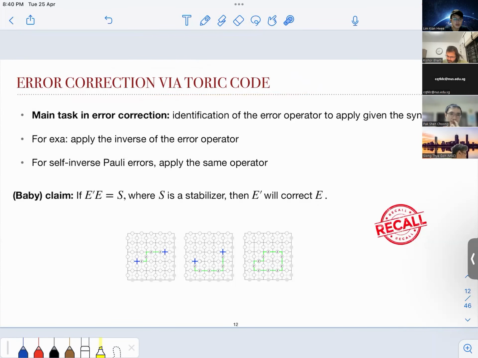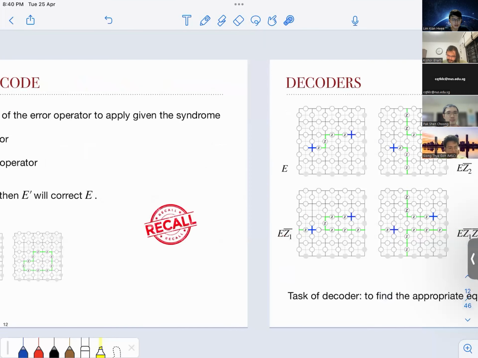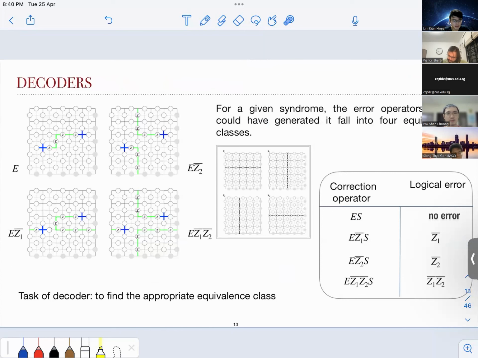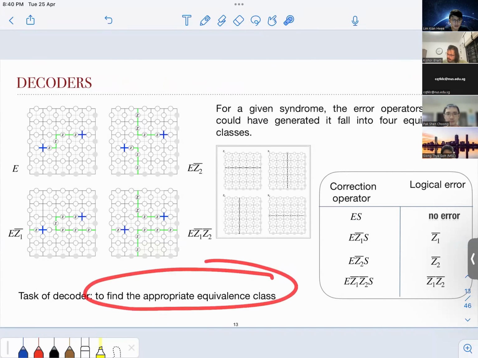Let's say this is the error, and this is your correction operator. As long as together they form a trivial loop, you are okay, because that trivial loop corresponds to a stabilizer. And the task of a decoder is to find the appropriate equivalence class.